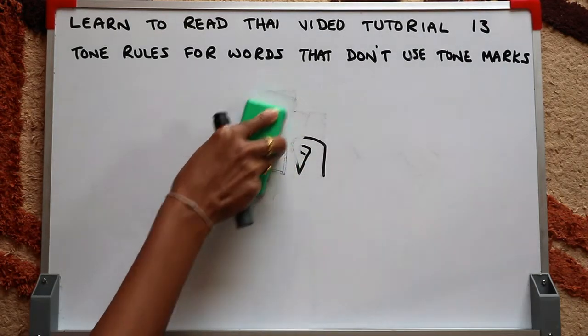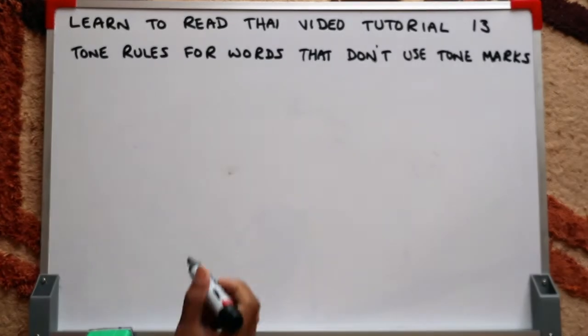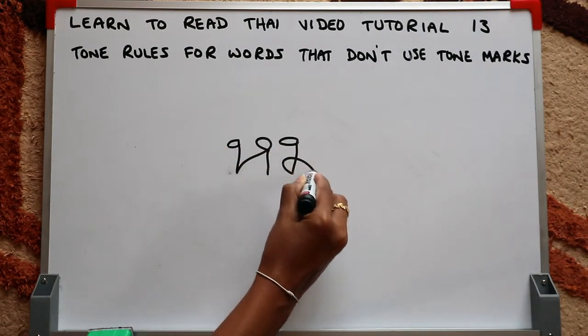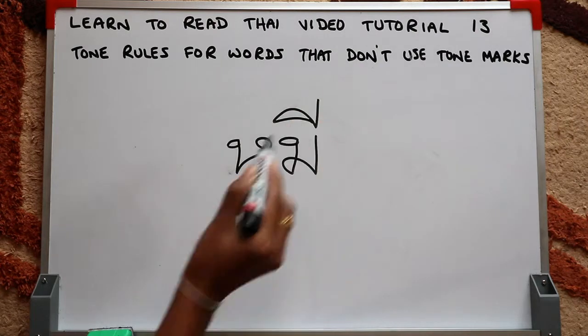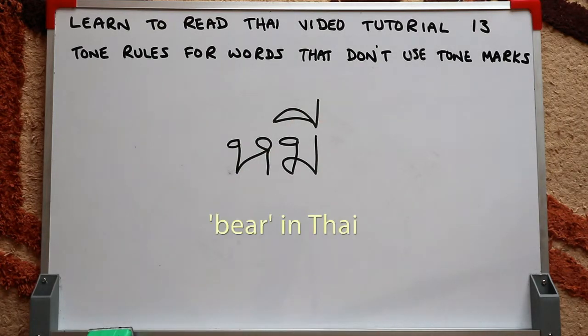On to the next example. So this one, you see the whore heap, but that's not pronounced. That's only there for tone purposes. So that makes the initial consonant high class.